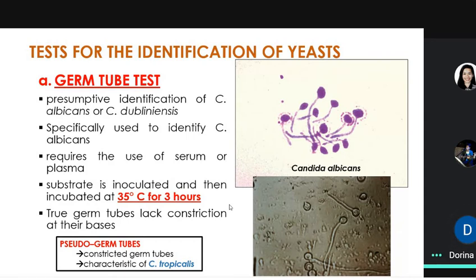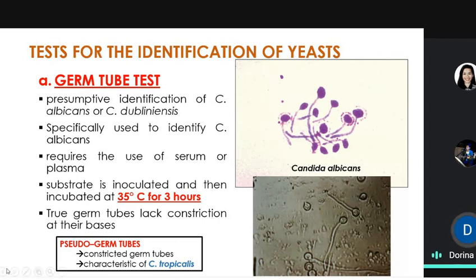What is a germ tube? Why is it called a germ tube? Where in the slide is our germ tube? We should know what a germ tube is and what a pseudohyphae is, because we have true hyphae and we have pseudohyphae. Now, when we talk of a germ tube, these are outpouchings of the cell wall that become tubular. If you look at the images in the right lower quadrant of our slide, it does not have a constriction at its base.